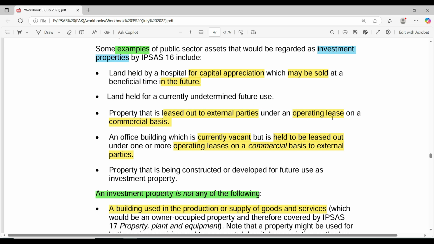Basically, in an operating lease, ownership remains with the same owner. Therefore, it may be rented out or leased out on a commercial basis. So now the lease to external parties under operating lease on a commercial basis is an example of investment property. Now move to another example. An office building which is currently vacant but is held to be leased out under one or more operating leases on a commercial basis to external parties. So basically this is for earning rent.